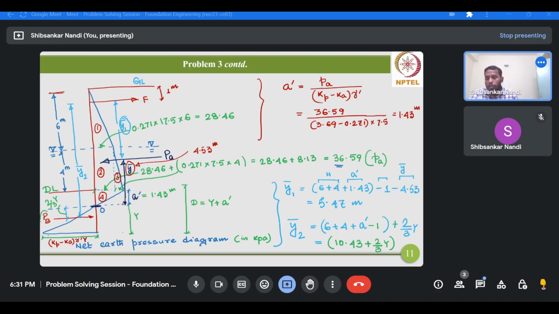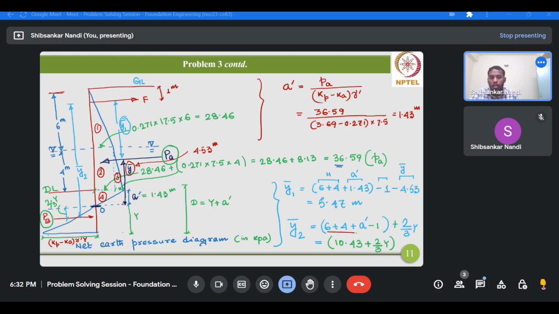So this force is PB and this is PA. We have first determined the depth of the point where net earth pressure becomes 0 from the ground level, and that is 6 plus 4 plus a prime.